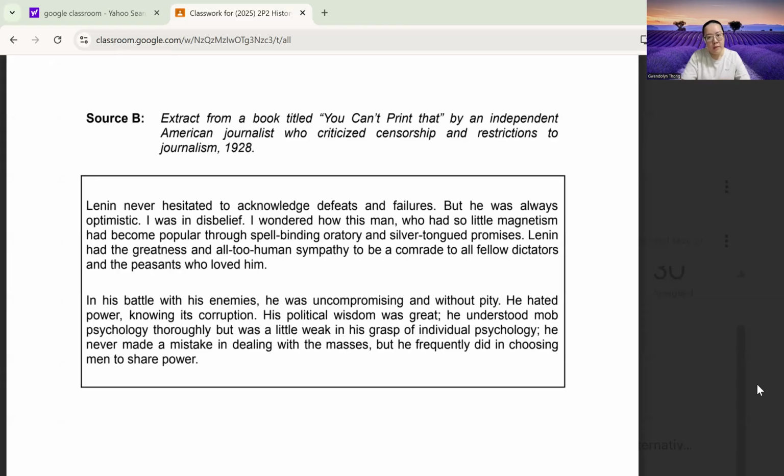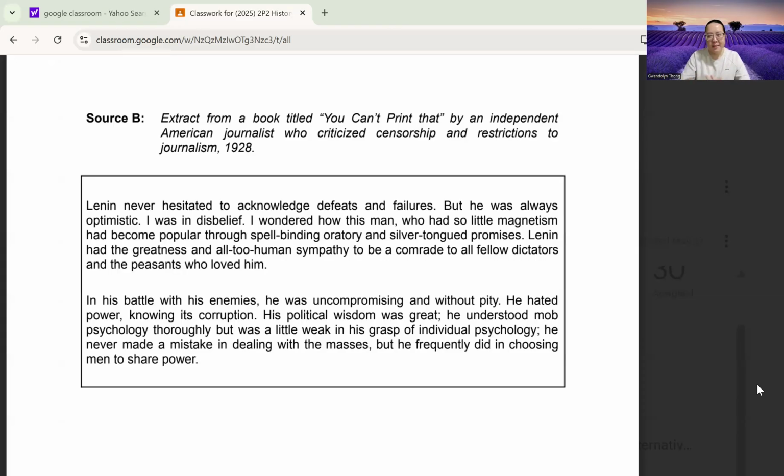So you can tell through the descriptions that were being used: spellbinding oratory, silver-tongued promises, all too human sympathy, political wisdom was great, never made a mistake in dealing with the masses.